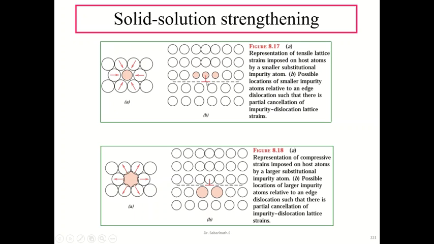Related to the edge dislocation, there is a partial cancellation of impurity-dislocation lattice strains, and as a result, the impurity atoms will possibly occupy this particular region. But when compressive strains are imposed on the host atoms by a larger substitutional impurity atom, the possible dislocations will be here.